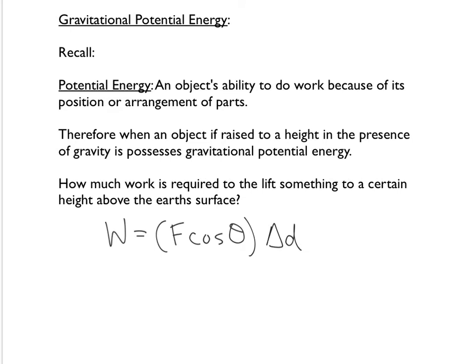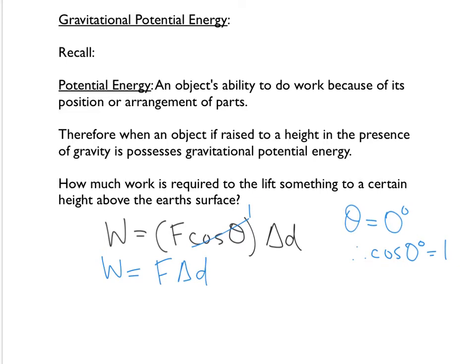In this case, you don't really have an angle, so cos of 0 is going to be 1. And so you're left with work is equal to force times displacement.